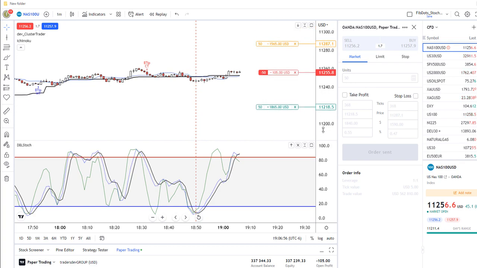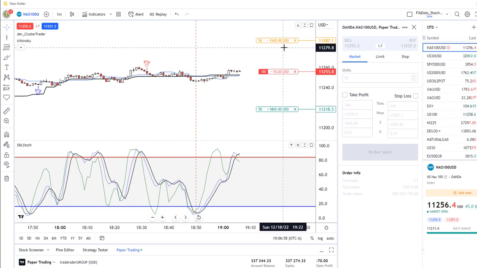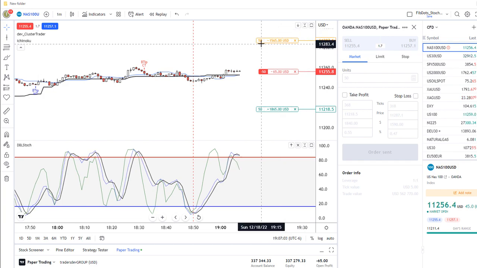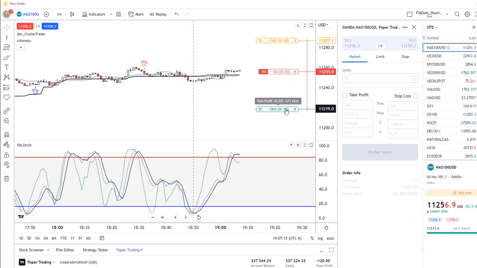So as I pull this down, now I can see that if price comes up and hits 11,287.1, I'm going to lose 1565. I'll get stopped out. And as I hover over it, I can see that it's also connected to this profit target down here. If price comes down to 11,219, I'll hit target. I'll make 373 ticks or 1865.